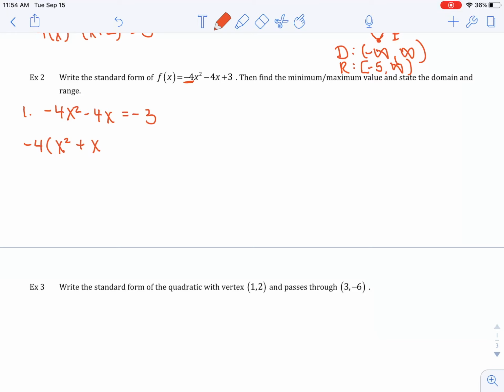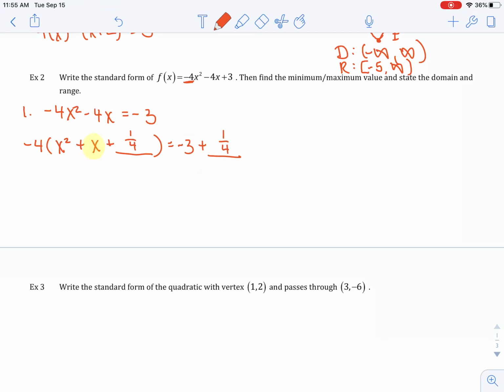Be careful because you took out a negative, right? Plus something is equal to -3 plus something. So I'm going to take the middle term, divide it by 2, square it, 1/4. Whatever I do to the left, I do to the right.